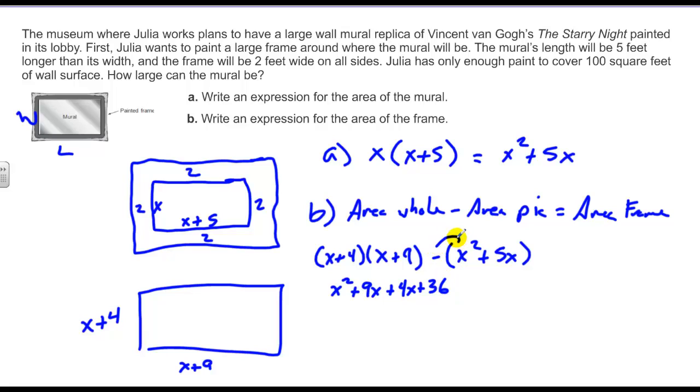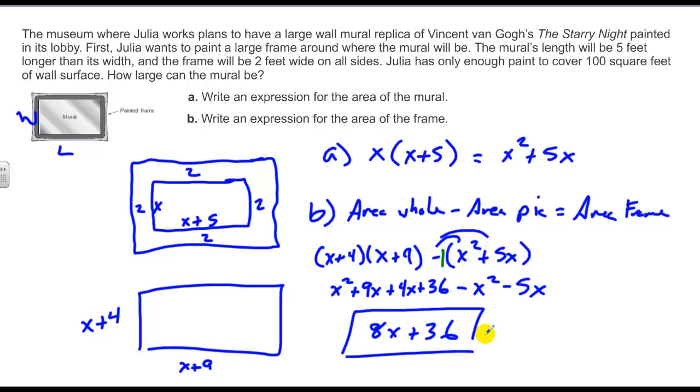Then I'm going to subtract this next term, which means subtracting each term inside or multiplying by that imaginary -1 to both, which gets me a minus x squared and a minus 5x. So we have the x squareds going away. We have 9x, 4x, and -5x, which gets me an 8x plus 36. And 8x plus 36 is the area of the frame only.